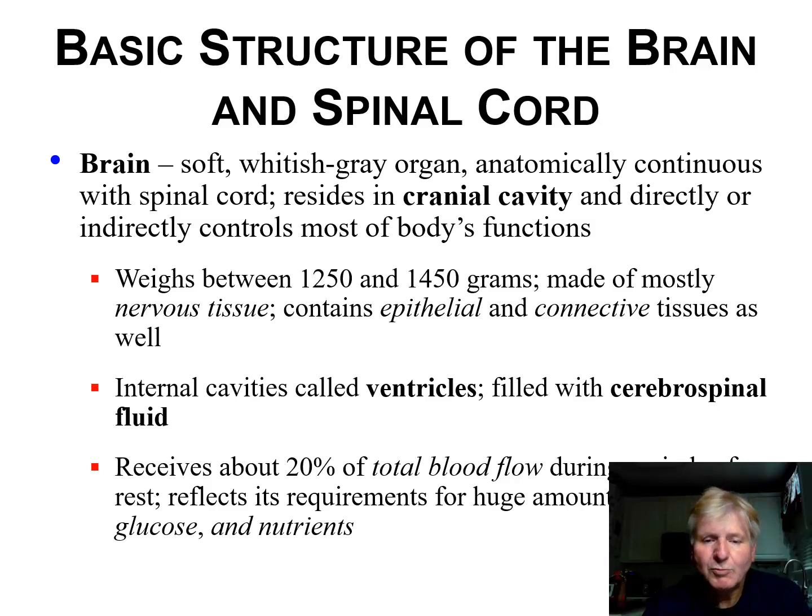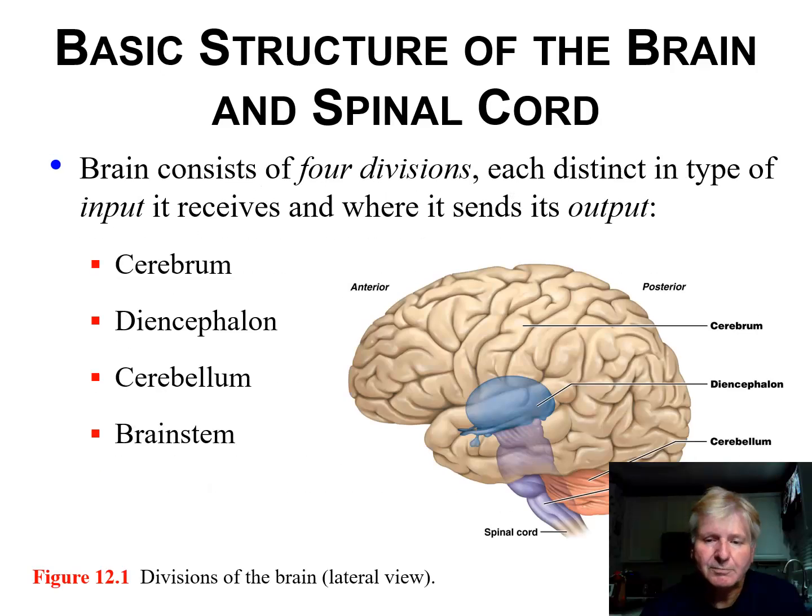It receives about 20% of the total blood flow during rest, and that's a high percentage of total cardiac output, and that reflects the huge requirements that the brain needs for its nutrients and glucose and its oxygen.